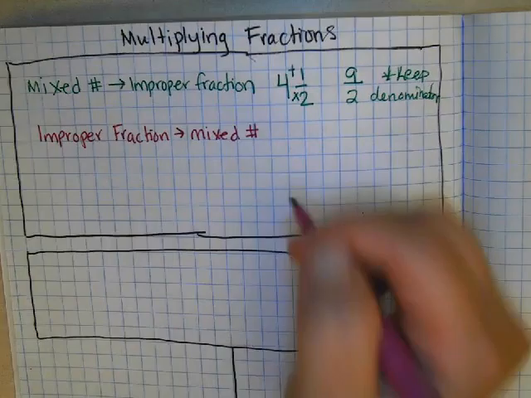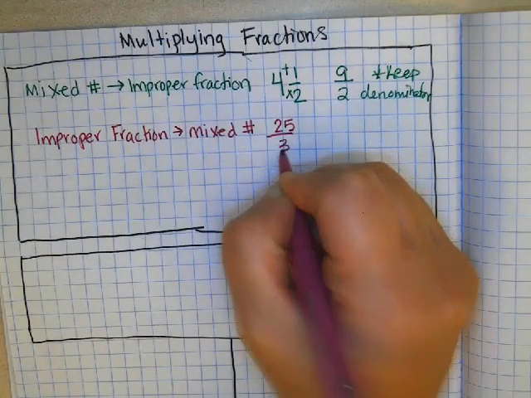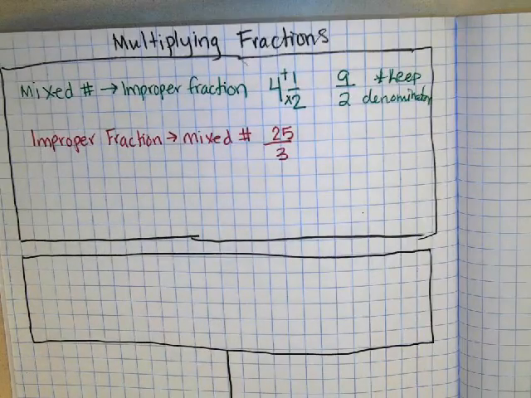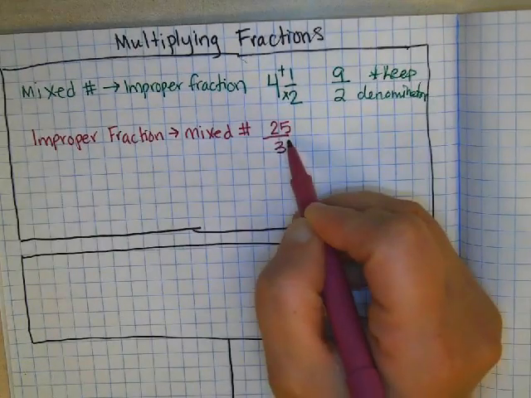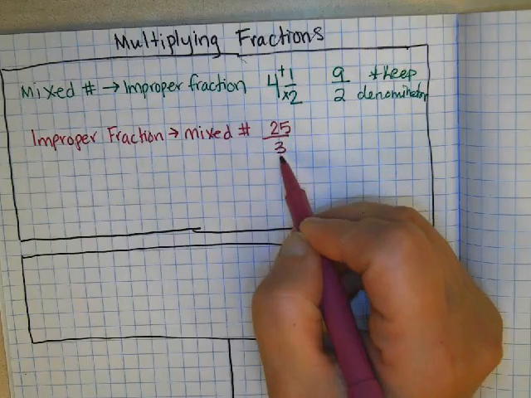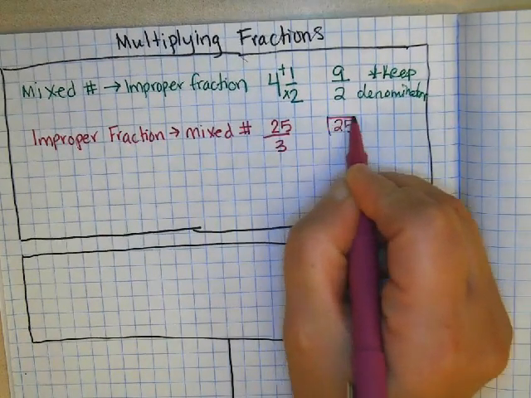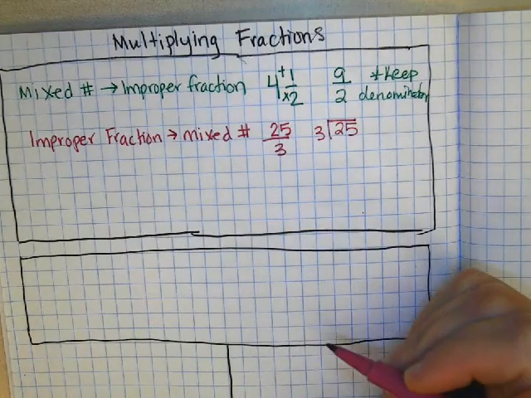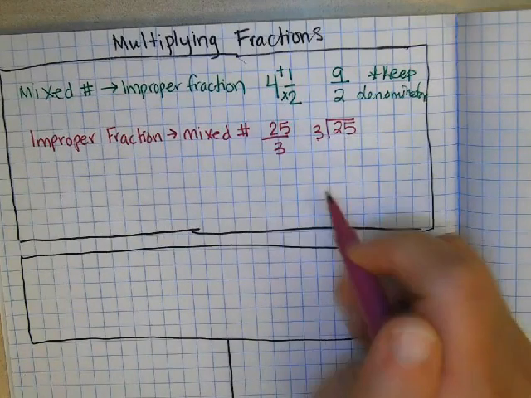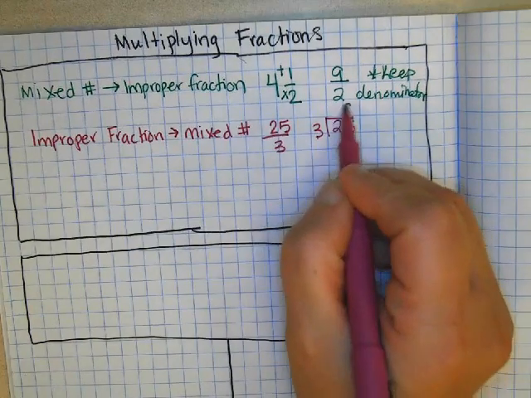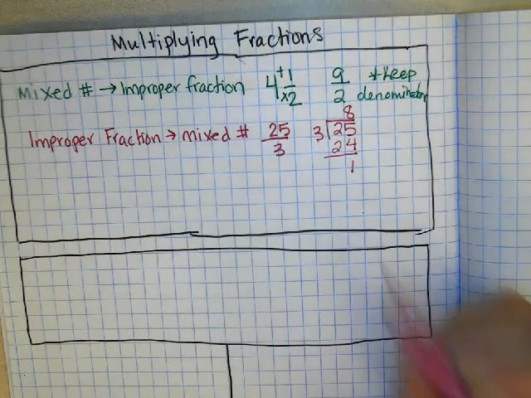So let's try 25 over 3, or 25 thirds. We're going to read this just like a division problem, because that's all a fraction bar means. 25 divided by 3. So I'm going to come over here, 25 divided by 3, and I'm going to start dividing. 3 can go into 25 8 times. 8 times 3 is 24 with 1 left over.